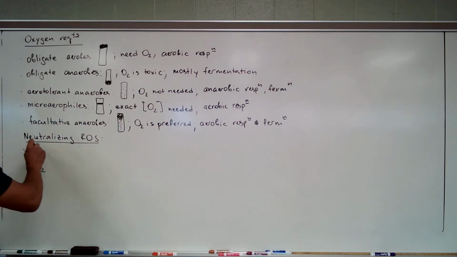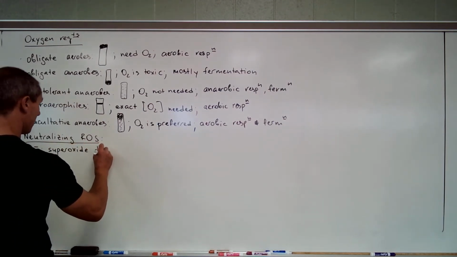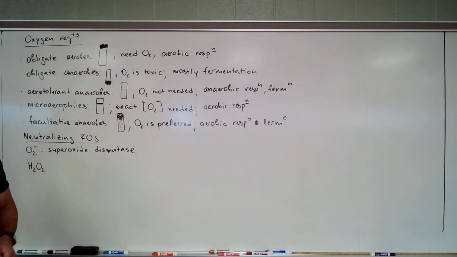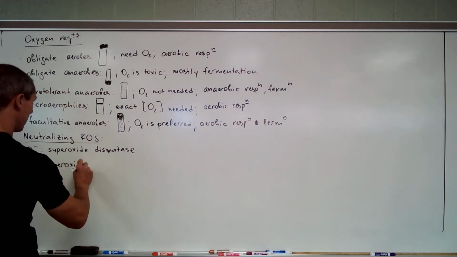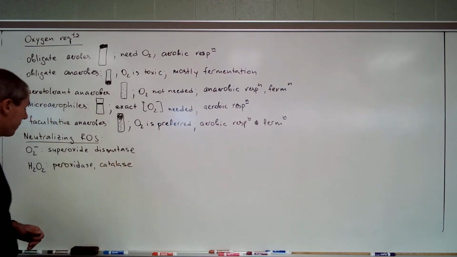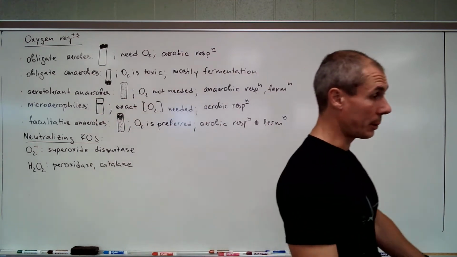Superoxide anion can be neutralized by superoxide dismutase. Hydrogen peroxide can be neutralized by peroxidase and catalase. Now, superoxide anion is formed almost everywhere where oxygen is present. Does that make sense? Hydrogen peroxide is mostly formed during the respiratory processes.